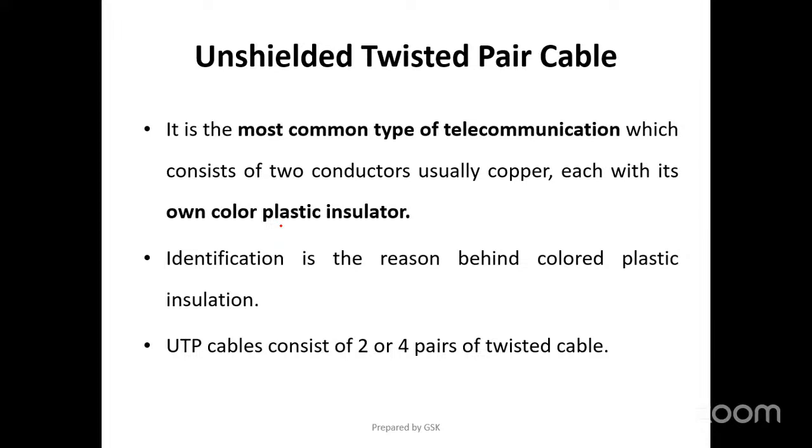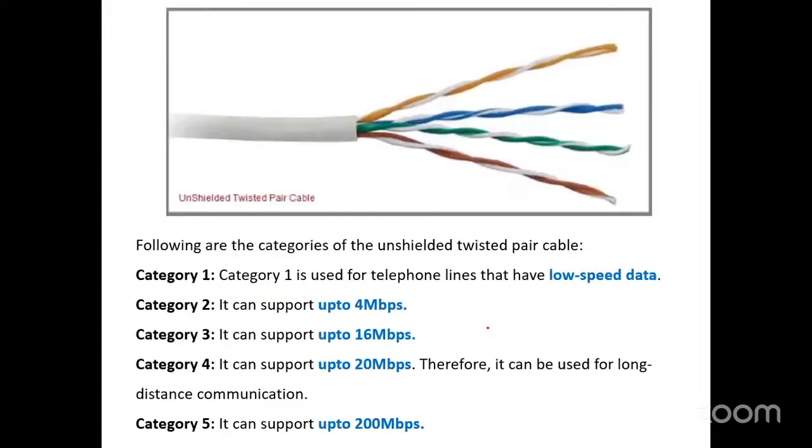Every one maintains its own color, and the reason for maintaining the color is identification. UTP is nothing but unshielded twisted pair cable. The short form for the unshielded twisted pair cable is UTP. UTP cables consist of two or four pairs of twisted cables. Two or four pairs.